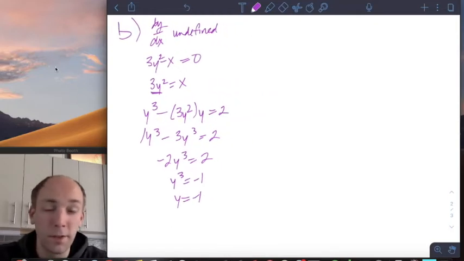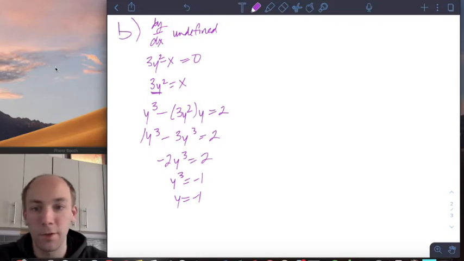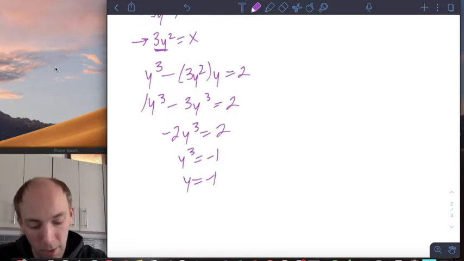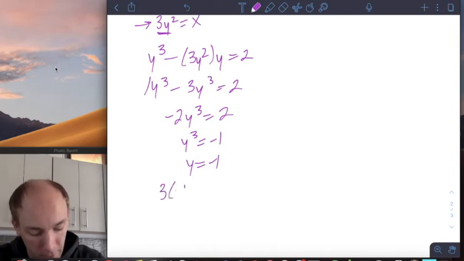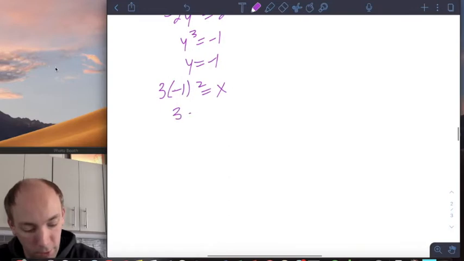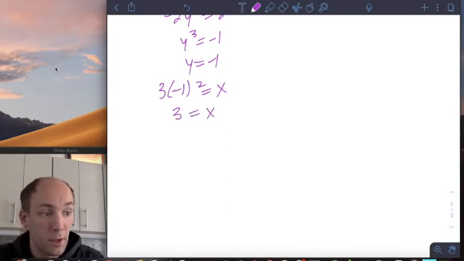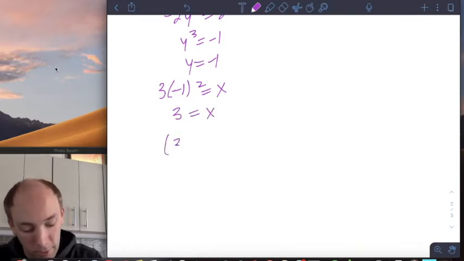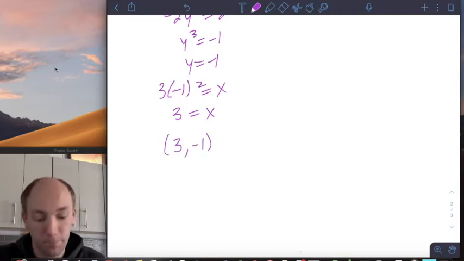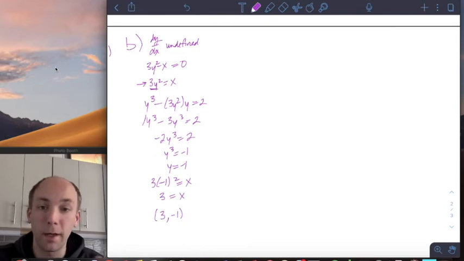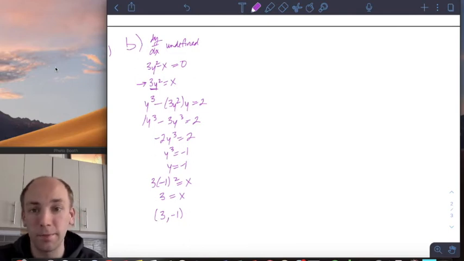A couple different ways of doing that: you could plug it back into the original, or just plug it into the substitution, this relationship here. So 3 times negative 1 squared is equal to x. So 3 equals x. The point is (3, -1). That's where my derivative would be undefined.